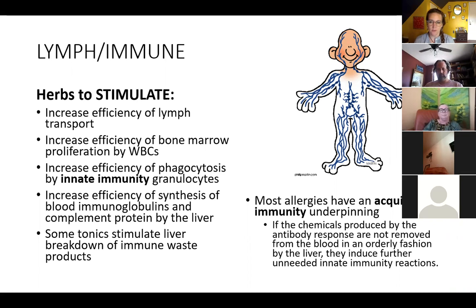If you have a reaction to one allergy and that is causing these chemicals produced by the antibody response, if that response isn't processed well enough by the liver, that will cause further issues and further immune reactions. That's kind of how that works. And I've seen it happen. The body's crazy.